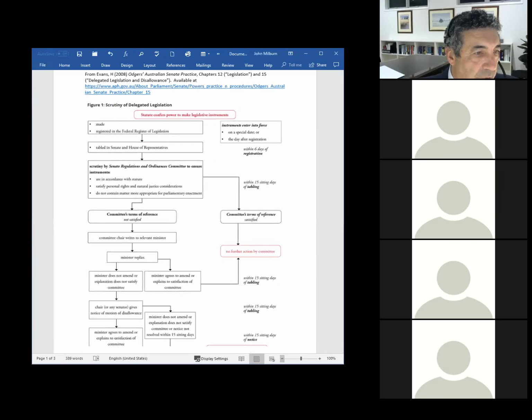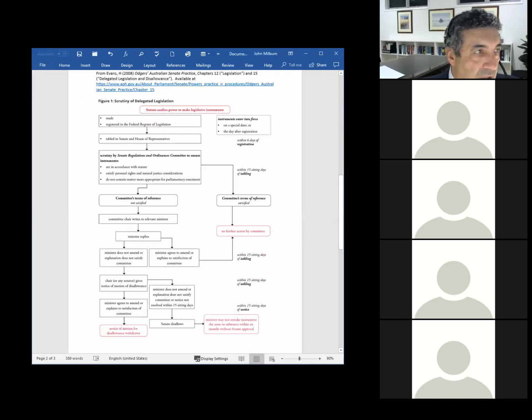So here we have, for example, a flowchart dealing with the scrutiny of delegated legislation. This comes from ODGA's Australian Senate Practice, and this shows the way in which delegated legislation works its way through a process. So that's the sort of information that you can access, and I do hope that it helps you in terms of dealing with your assessment work.